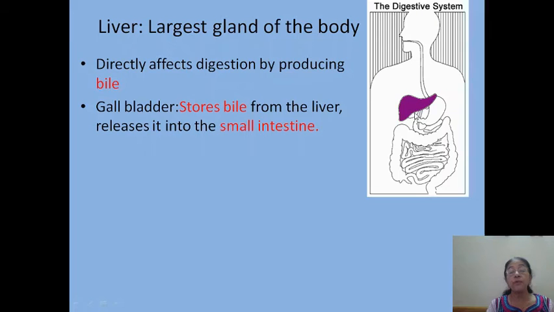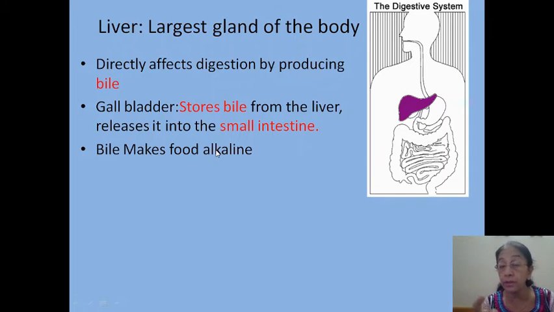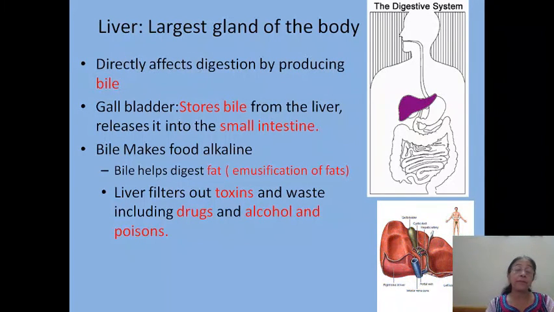It stores bile from the liver and releases it into the small intestine. यहाँ से इस पाइप से ये small intestine में आ जाता है. When it comes into the small intestine, it makes the food alkaline, क्योंकि जो food stomach से बाहर निकल रहा है, that is acidic in nature. So bile makes the food alkaline, and then bile helps in digesting fat also.